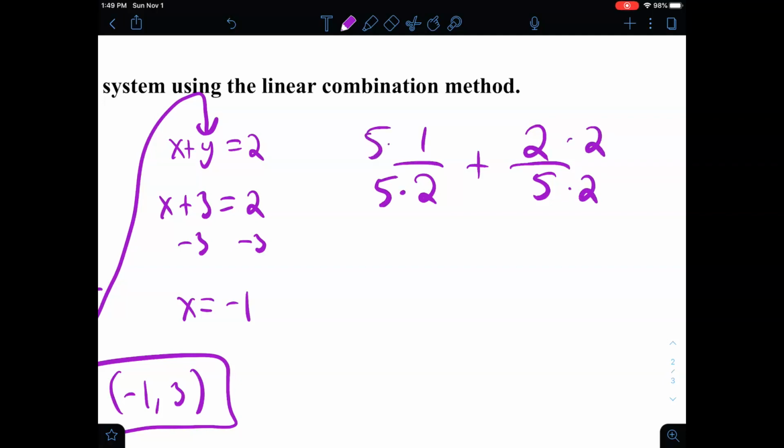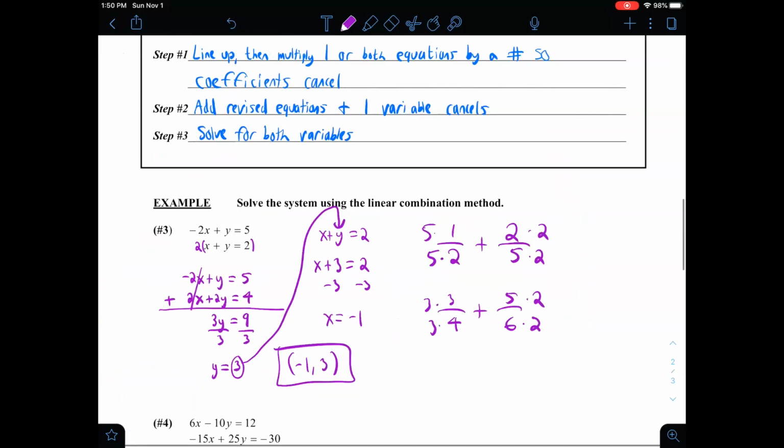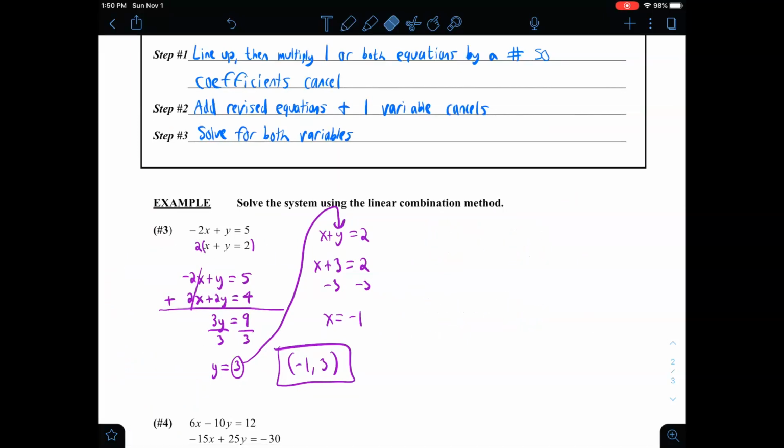Or 3/4 plus 5/6. What would the common denominator between 4 and 6 be? It'd be 12, so you would do times 3 or times 2. Okay, so that's kind of what we're doing here. Just think common denominators. It's not really finding a common denominator; we're trying to find the least common multiple, which is kind of what common denominators are.